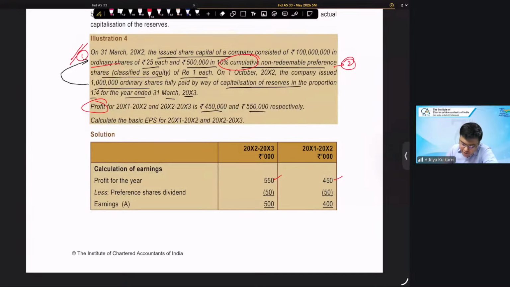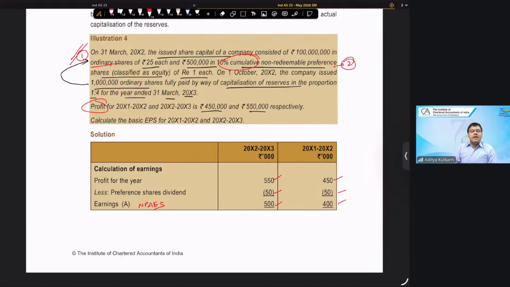You have rupees 5 lakh 10% non-redeemable preference shares, so 5 lakh into 10%, 50,000 preference dividend is deducted. You will have 5 lakhs and 4 lakhs. So this is your earnings, the net profit attributable to equity shares.